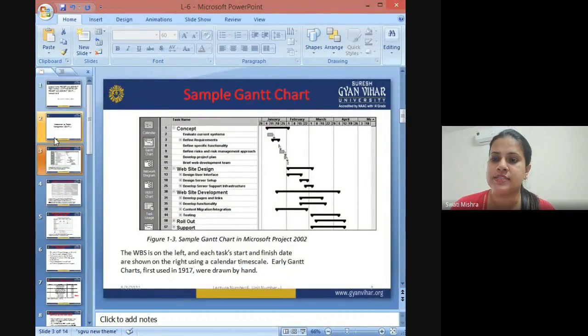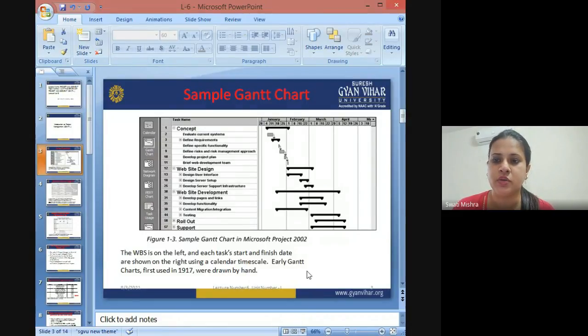So this is an example of a Gantt chart wherein the work breakdown structure can be seen on the left, and each task's start date and the finish date are shown on the right using a calendar time scale. If you can see it on the right side here, where I am moving my marker pointer, right?